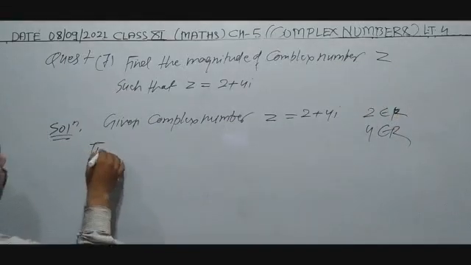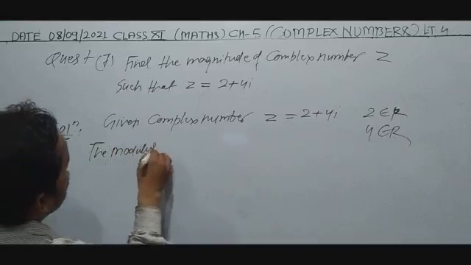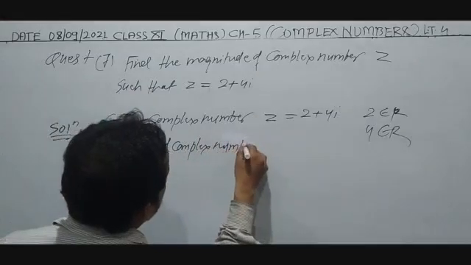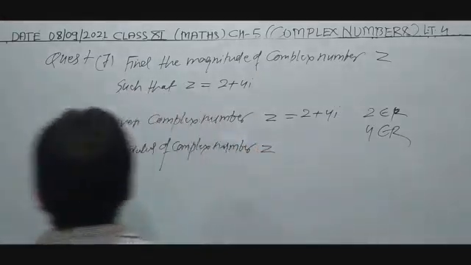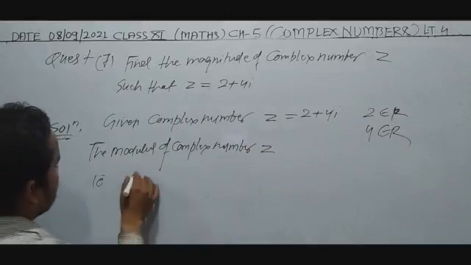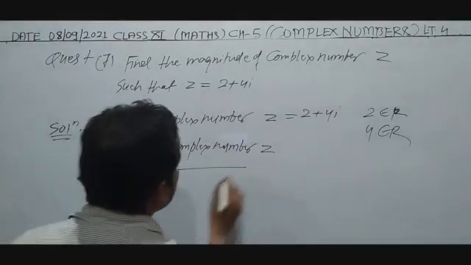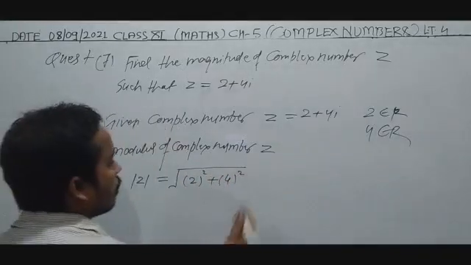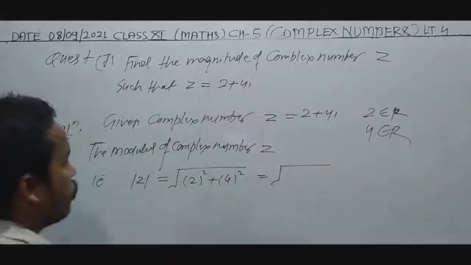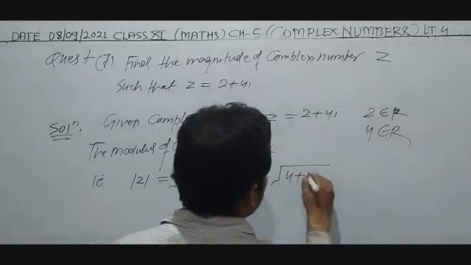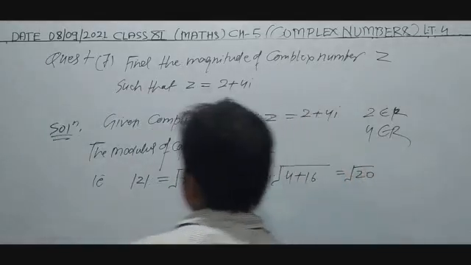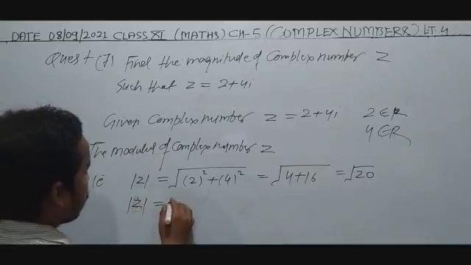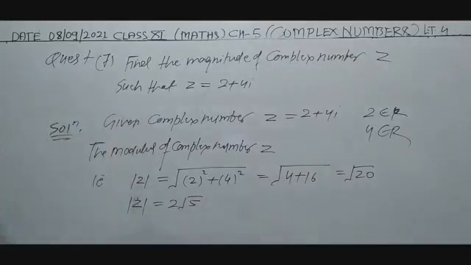Now, the modulus of complex number z, that is mod of z, is equal to root over 2 square plus 4 square. Now, its result: 2 square is 4 and 4 square is 16, 4 plus 16, you will see the result will be root 20, and root 20 you can write as 2 root 5, because 4 into 5.